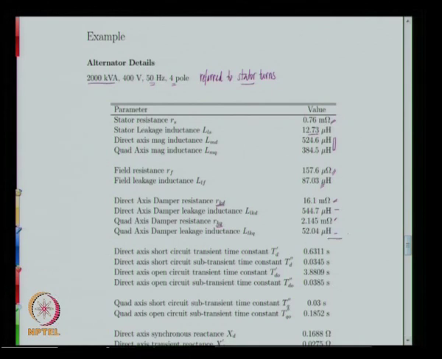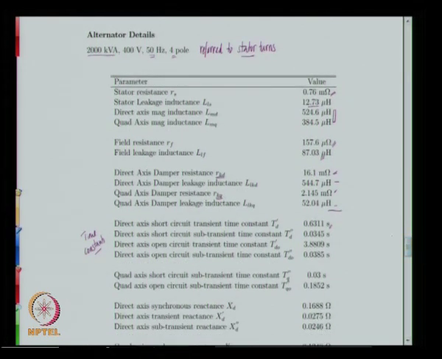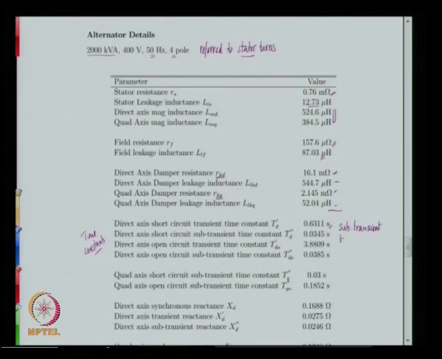With these one can evaluate the values of the different expressions for Td dash, Td double dash, etc. The direct axis short circuit transient time constant Td dash is obtained as 0.6311 seconds, and here we made an assumption that the subtransient time constants are much smaller than the transient time constants, which we see here.